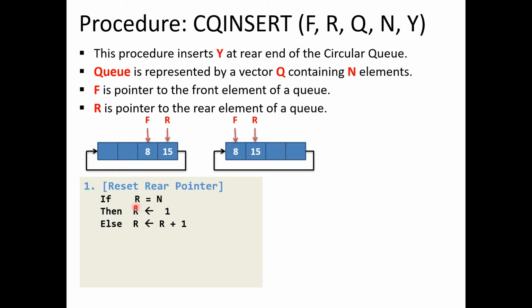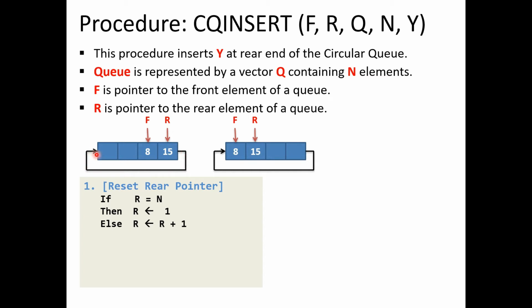If R is equal to n, then set R equal to 1. See here, R is at the end of the queue, that is R is equal to n, then we have to set our rear as 1, right?